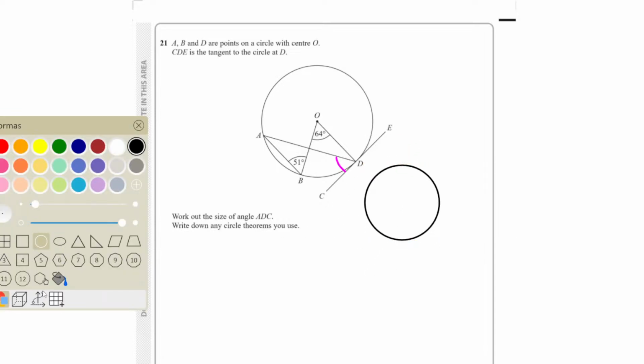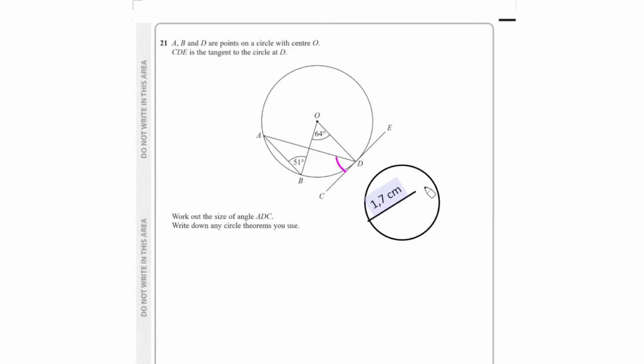I'm just going to roughly show you this. It's the one that looks a bit like an arrow, like that, and then it goes to the center. You most likely have seen that. This is the center here. It's the one where they say the angle at the center is double the angle at the circumference. That is the one that we can use here.